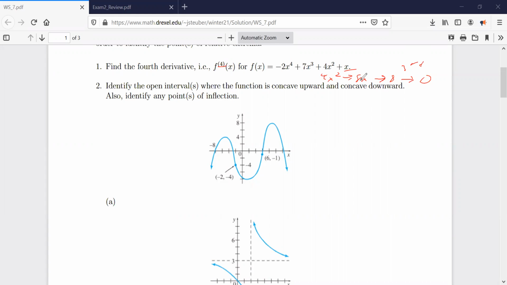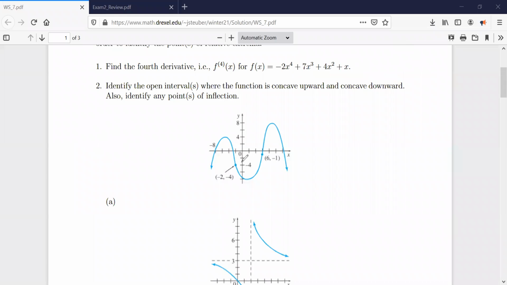You'll find that the same thing happens for this guy on the second, and the same thing on this one for the fourth. So this guy is actually just going to be -2 times 4, which we get from the first derivative, times 3, which we get from the second derivative, times 2, which we get from the third derivative, times 1, which we get from the last derivative. So that is -48. Does that make sense, people?